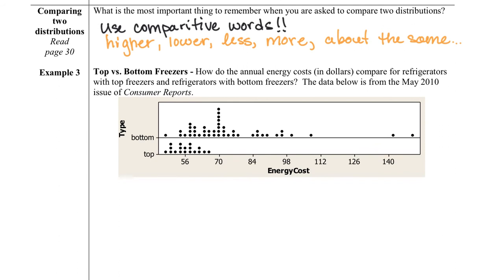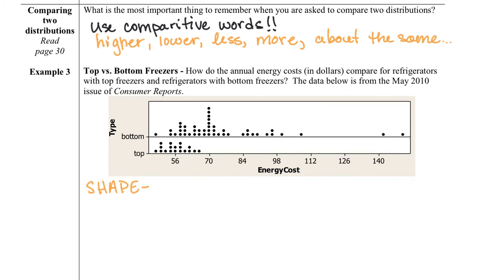Okay, let's go ahead and do a comparison. Take a look at both of them and decide what is it about their shapes that are either the same or different. And remember, shapes include symmetric, skewed, uniform, unimodal, bimodal, multimodal.